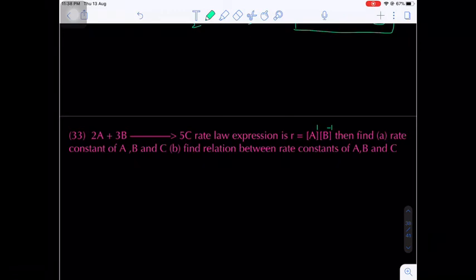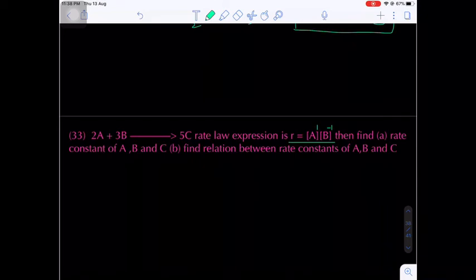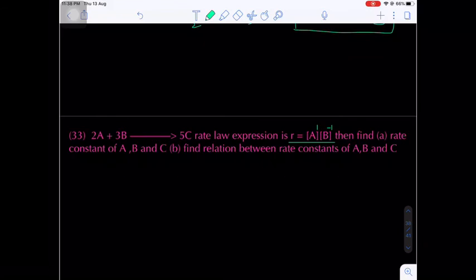Question number 33. 2A plus 3B gives 5C. The rate law is R equal to K times A to the power 1, B to the power minus 1. Then find the rate constants of A, B, C. Now just now I told you what the overall rate constant K is, and the individual rate constant with respect to A is Ka. What is the stoichiometry of the reactant? 2.